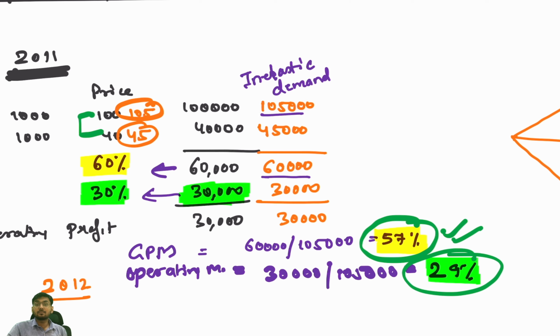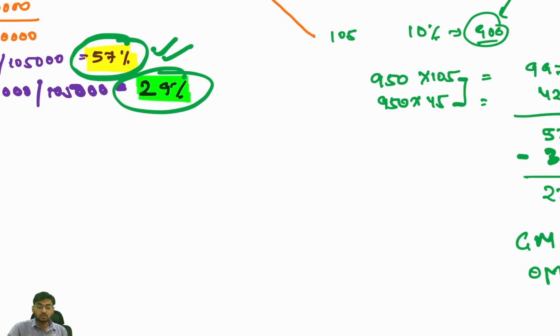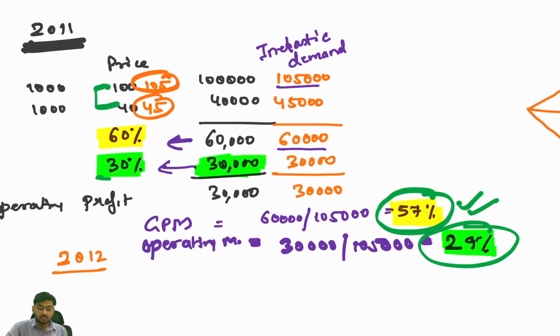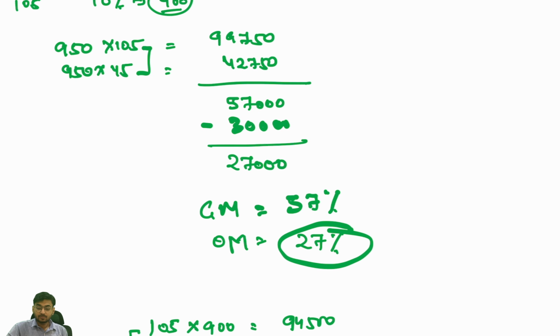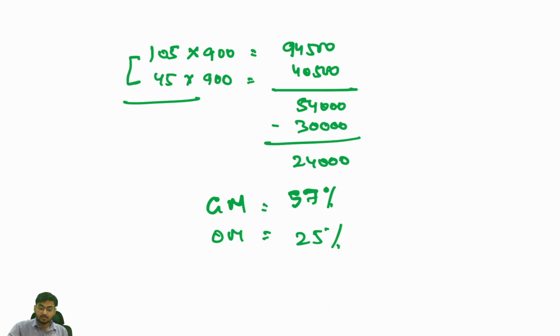And this is the reason my gross margins in all the scenarios remain the same. But what impacted the most is the operating margin. You see, started from 30%, 29%, 27%, and here 25%. So my operating margins are reducing continuously because of the inflation factor. Clear?